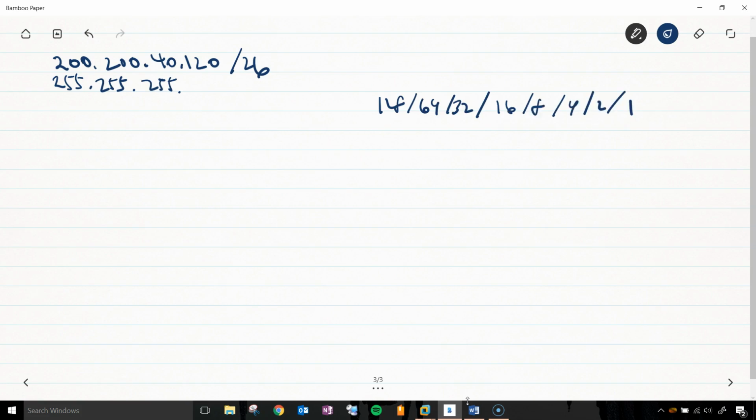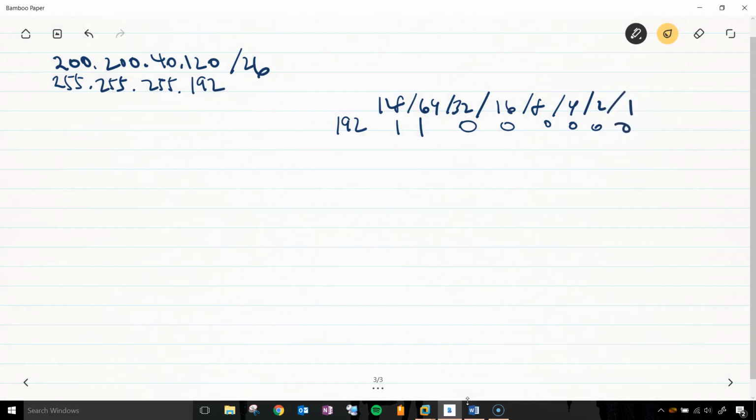So we just need to figure out what this last number is. So we have 24, 25, 26. So 128 plus 64 gives us 192. So we know that this subnet mask is 192.